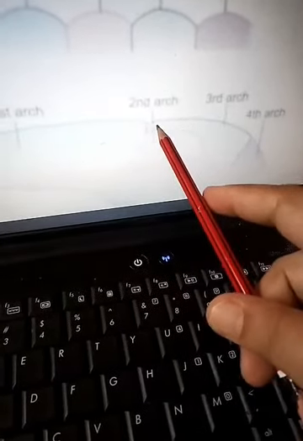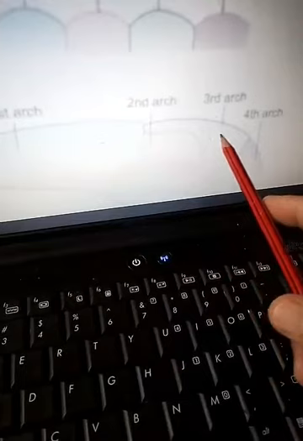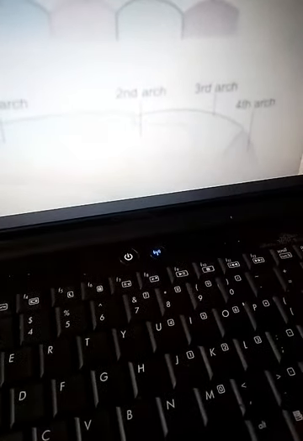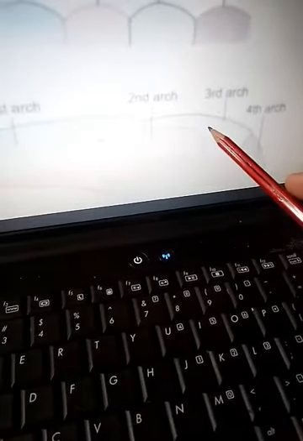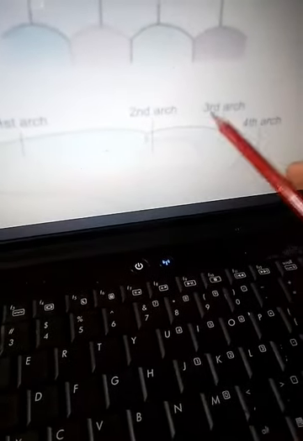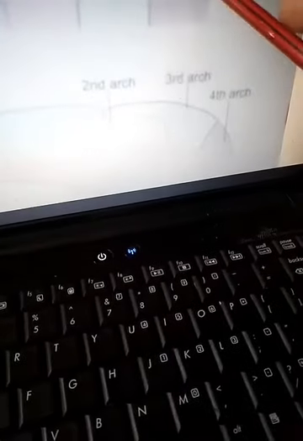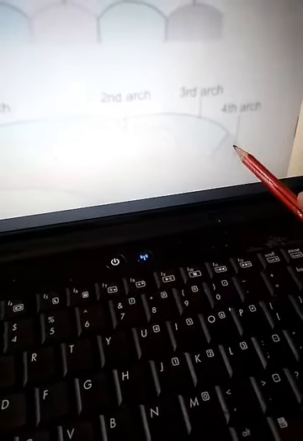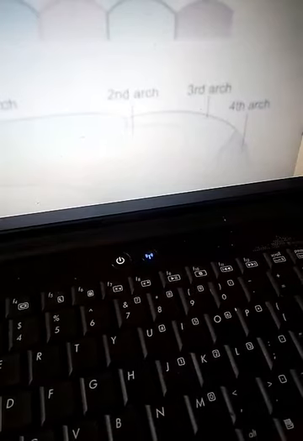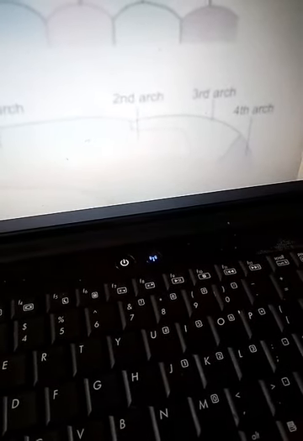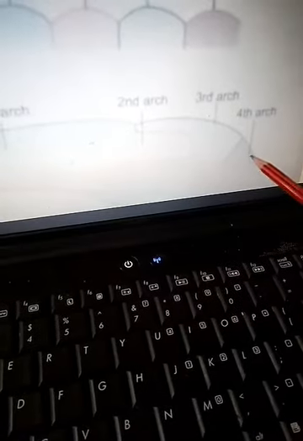So we can say the posterior one-third of the tongue is derived from the third arch, because the nerve supply of the posterior one-third of the tongue is from the glossopharyngeal nerve, which is the nerve of the third arch. And the posterior-most part of the tongue arises from the fourth arch, and its nerve supply is the superior laryngeal nerve, which is the nerve of the fourth arch.